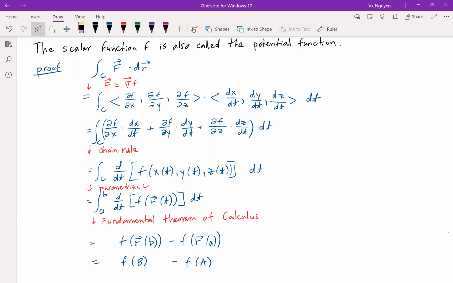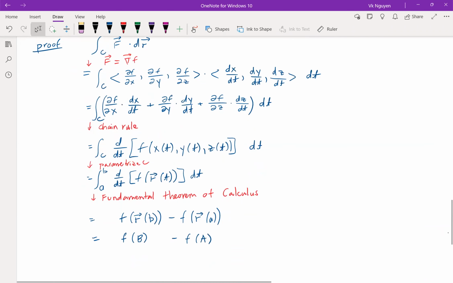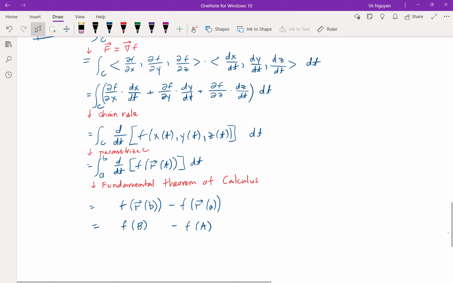Okay. Question. What does the theorem here tell us? It tells us that if F is a vector field and it is conservative, then the line integral is independent of path.